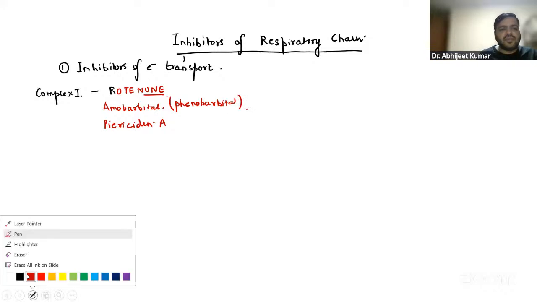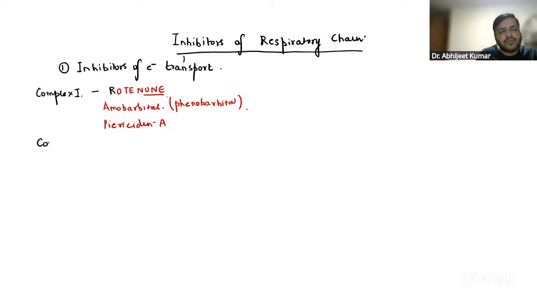Then we have complex 2. The inhibitors, guys, that you have to remember are malonate, carboxin, right? So basically what is happening over here in complex 2?